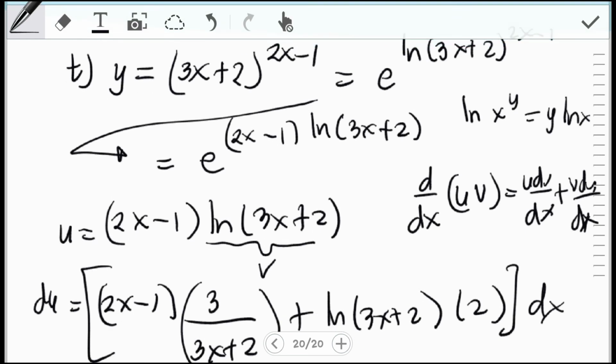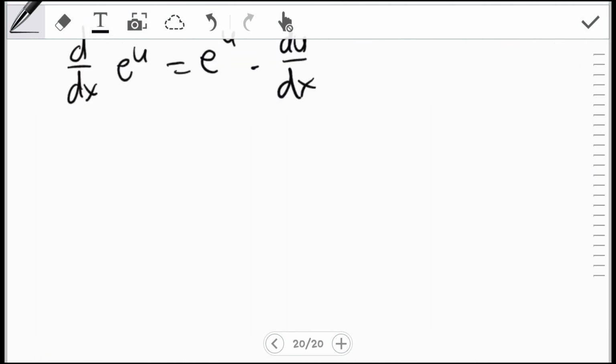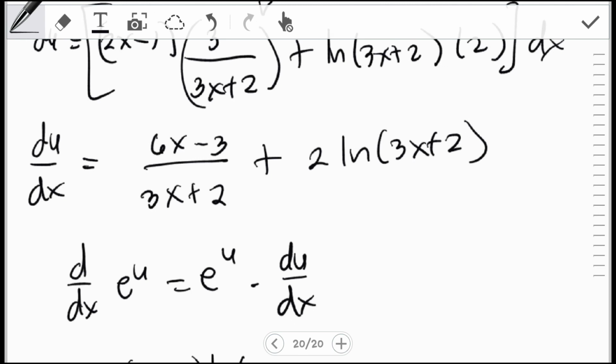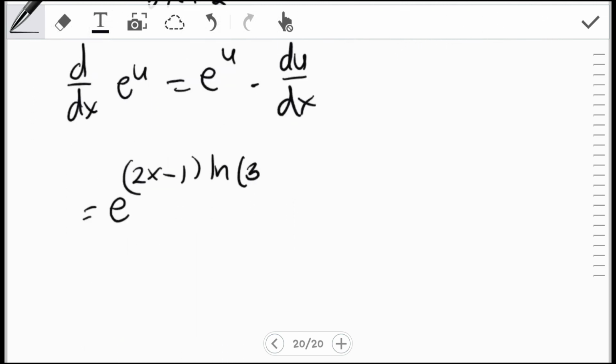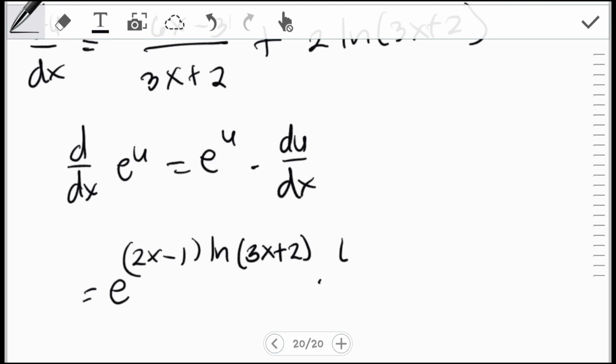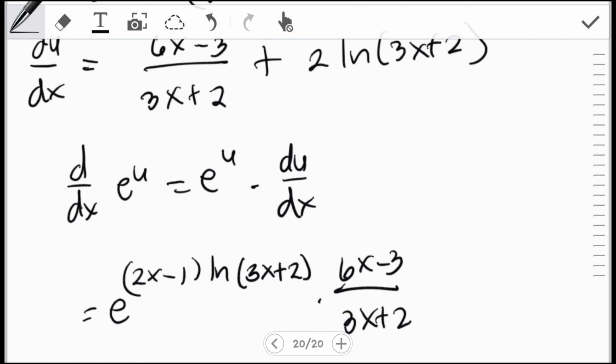Where e to the u is e to the power 2x minus 1 times ln 3x plus 2, times du over dx, which is 6x minus 3 over 3x plus 2 plus 2 ln 3x plus 2.